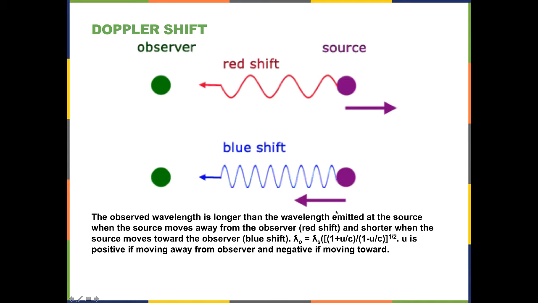And so, depending on which direction you're going, it either gets longer or shorter. And the effect is that the observed frequency is equal to the source frequency times this correction factor, which corrects for the velocity of the source relative to the observer. And u here is positive if the source is moving away, and u is negative if the source is moving towards the observer.